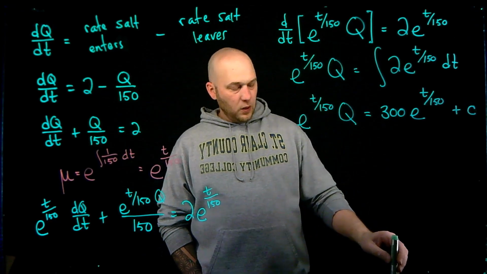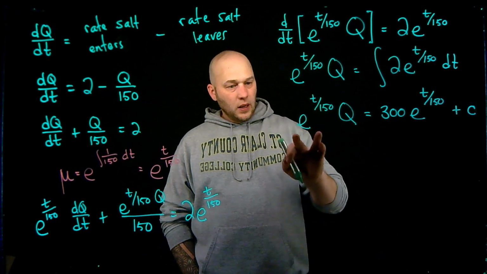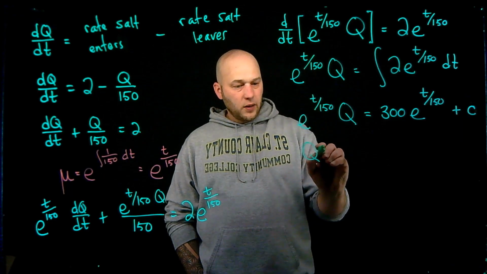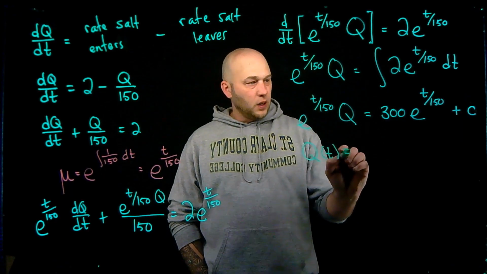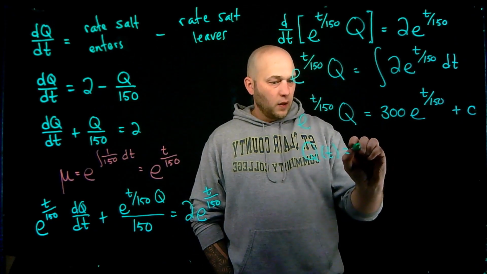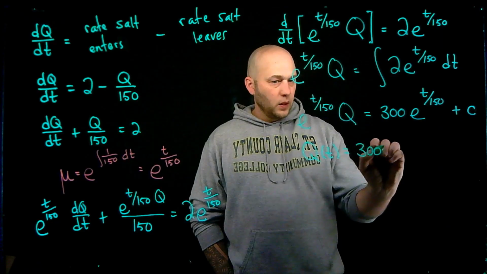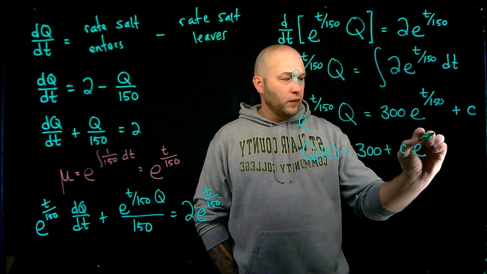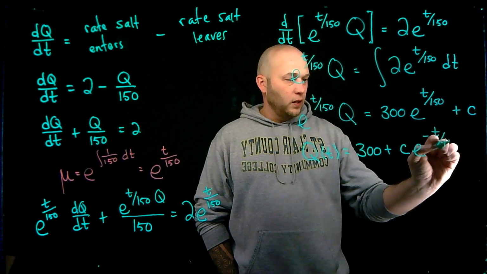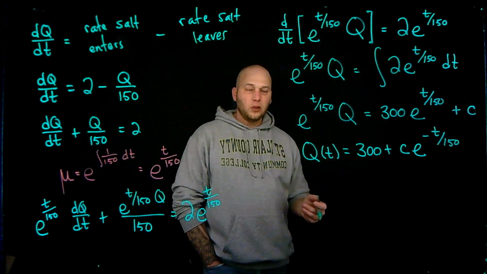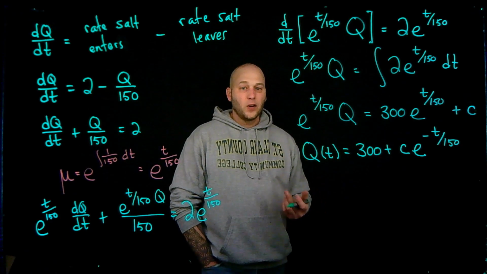And then what I do, of course, is divide by this integrating factor to isolate Q. So just to emphasize, Q(t) is equal to, for this first factor, the exponential cancels, giving me 300 plus Ce^(-t/150). And this right here is the function that gives me the quantity of salt in the tank for all time.